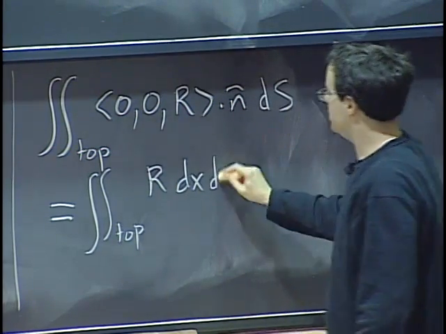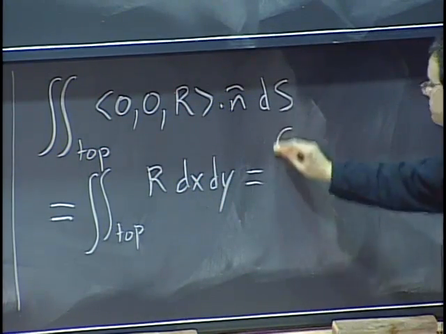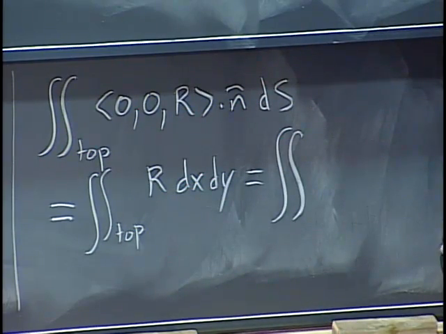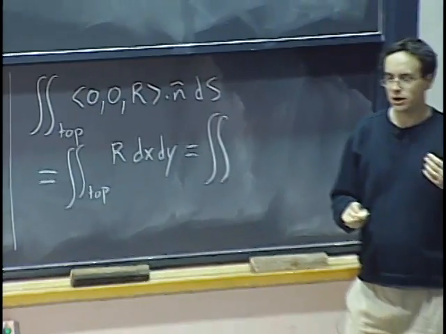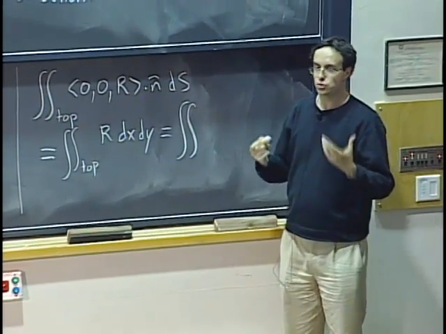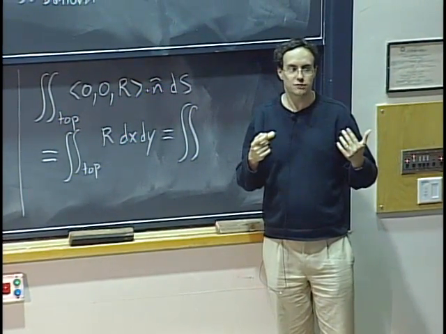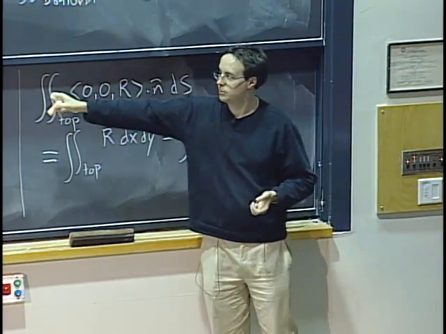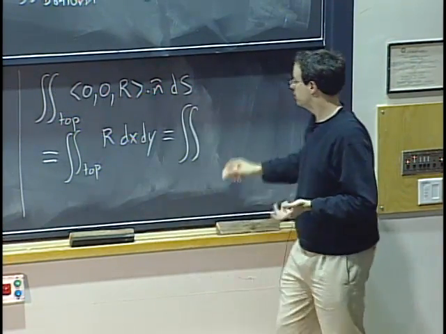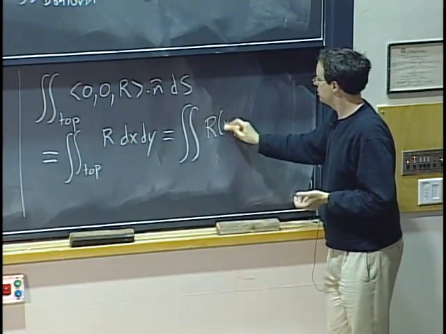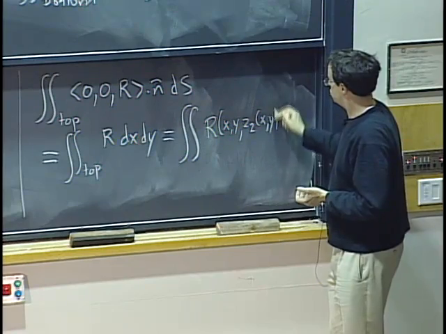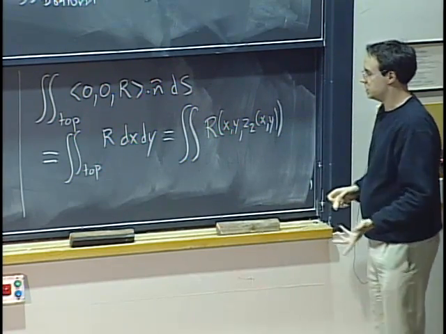And now how do we evaluate that? R is a function of x, y, z, but we said we have only two variables that we're going to use, x and y. We're going to get rid of z. How do we get rid of z? If we're on the top surface, z is given by this formula, z2 of x, y. So I plug z equals z2 of x, y into the formula for R, whatever it may be.